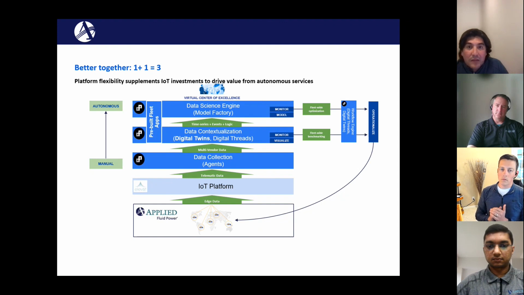And the digital threads are the logic, and it's the no-code workflow environment that applies the logic and the workflows that automate the actions from the insights and really allows us to execute on the results from all the machine learning applications that are deployed across the fleet.